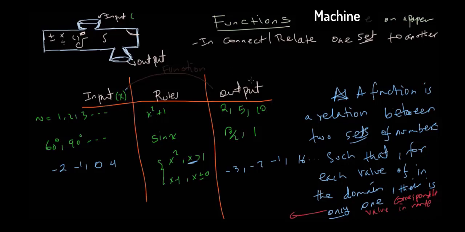The second set is called the range, which is the output, and the first set is called the domain.